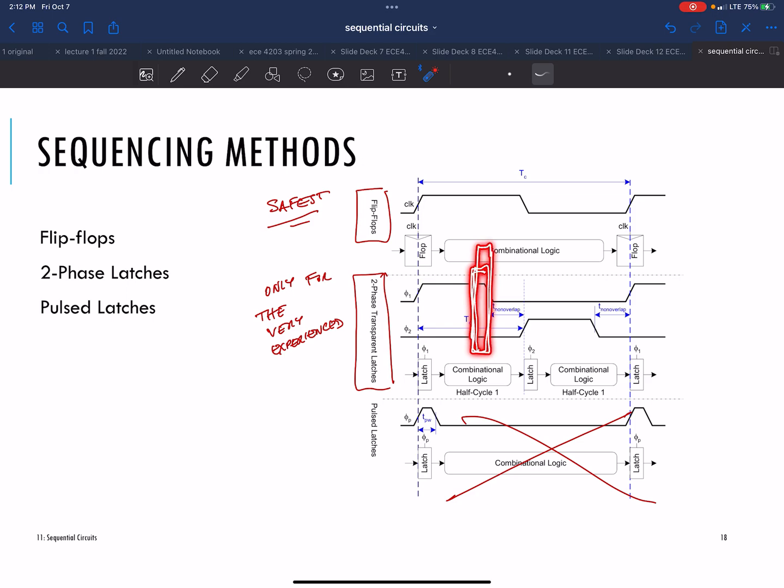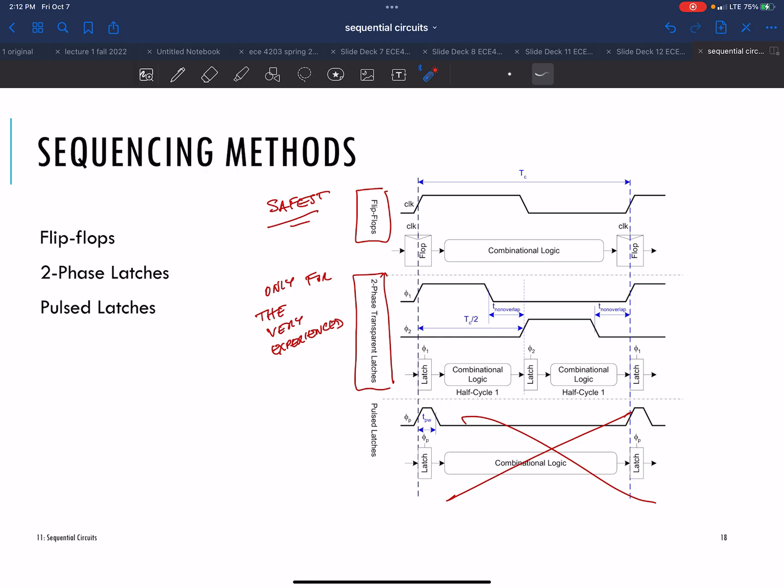You guys with me? Whatever is happening here gets put into this combinational logic, right up till this point, as long as phi 1 is high. And there's some delay in this combinational logic before that stuff gets stable, okay?